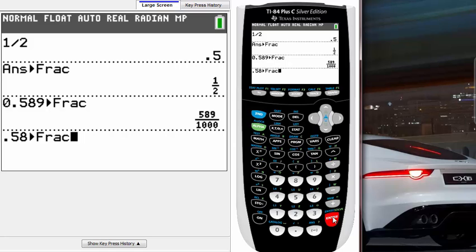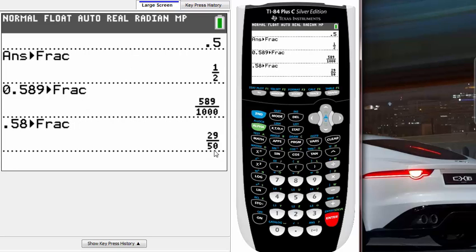But what the calculator is going to do is simplify it even more so that it gives you the simplified answer. Watch this. If you hit enter, you will see 29 divided by 50, because 2 was able to divide into both 58 and 100. That's why it gives you a simplified fraction.